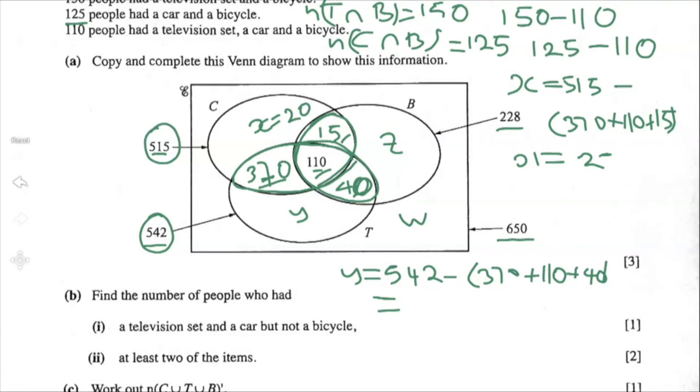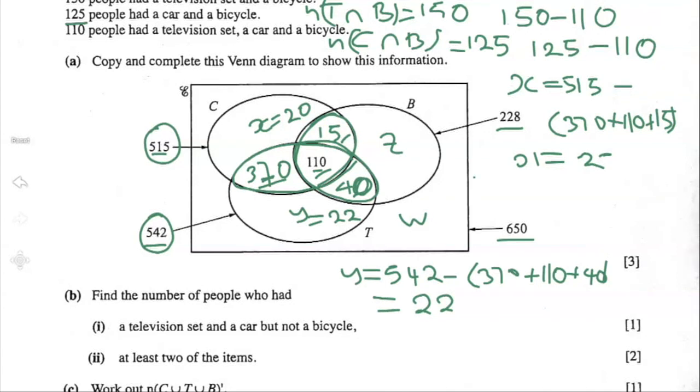So if you work out Y, it's 542 minus 370 plus 110 plus 40. If you work that out, you get 22 there. So in that region Y, you must have 22 elements.